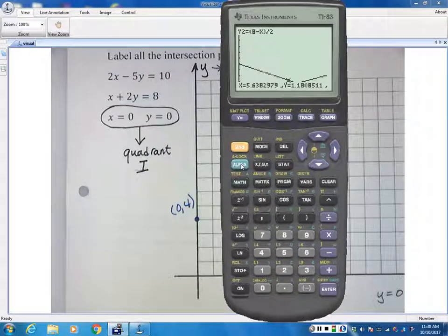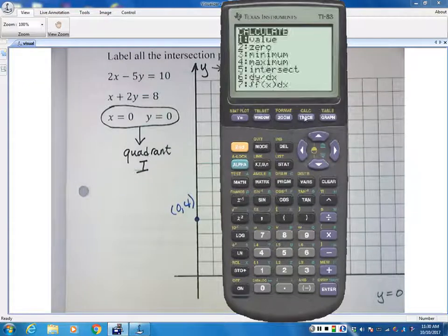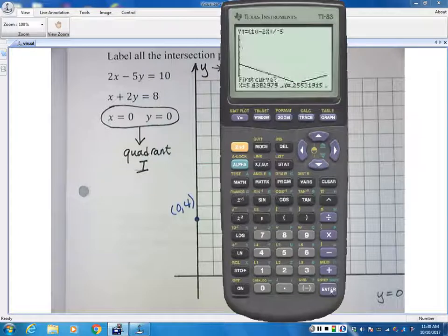Okay, so we're going to go ahead and find the intersection point, because it can see the intersection point. If you notice here, you can see that on the screen, so it can find that. So second, trace, down to number 5, enter, enter, enter.